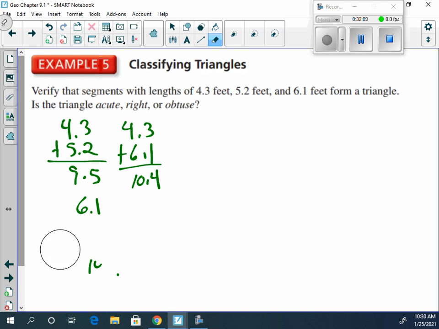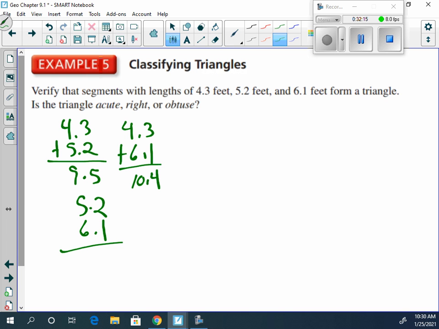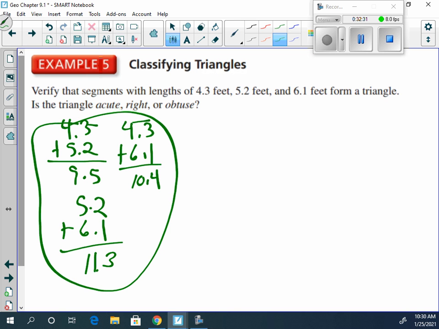Two of them came out to be the same thing. 5.2 and 6.1. Is this going to be greater than 4.3? Well, yeah, they're both bigger than 4.3. It's going to have to be bigger. And if we add them together, we get 11.3. So what all this tells me is that, yes, it is a triangle.